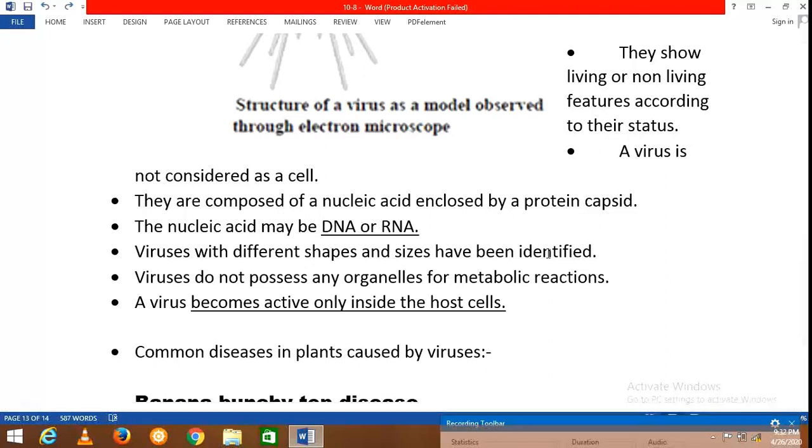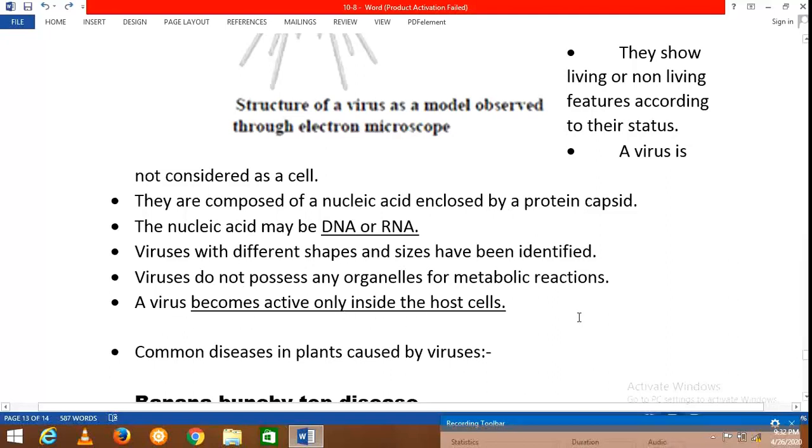There are so many nice shapes, but they cause a lot of harmful diseases to human beings, animals, as well as plants. Viruses do not possess any organelles for metabolic reactions. So these facts are very important because you have to remember these for your MCQs. A virus becomes active only inside a host cell.